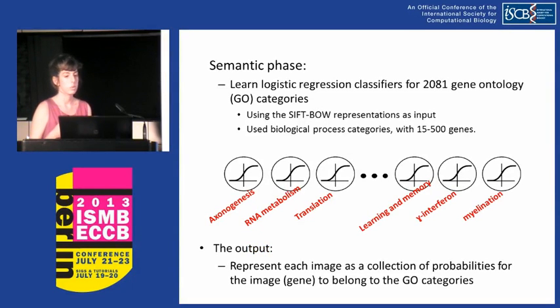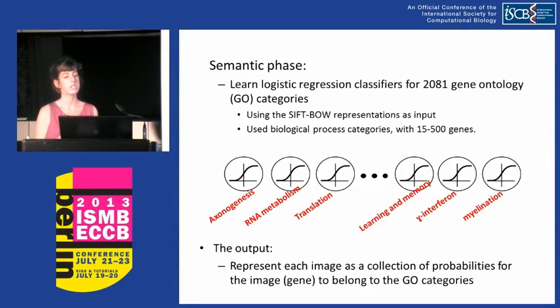So specifically, we learn logistic regression classifiers for 2081 gene ontology categories. So we learn each classifier separately. So we have a classifier for axonogenesis, one for RNA metabolism, one for translation, and so on. We use our SIFT bag of words, or visual representations, as input for the classifiers.